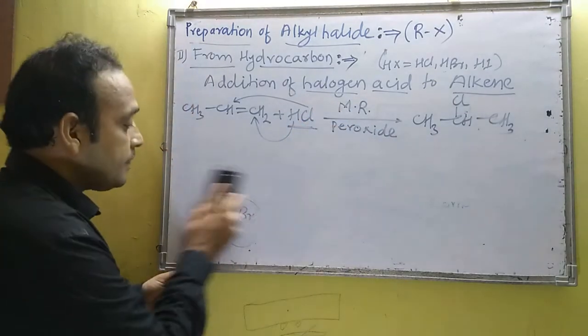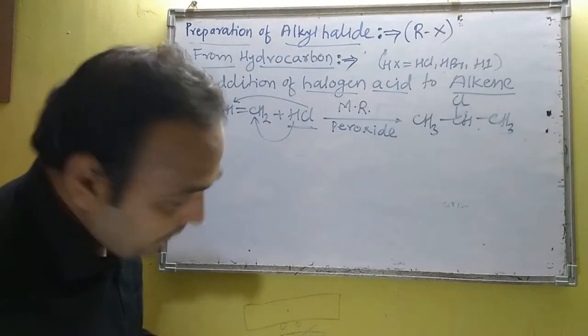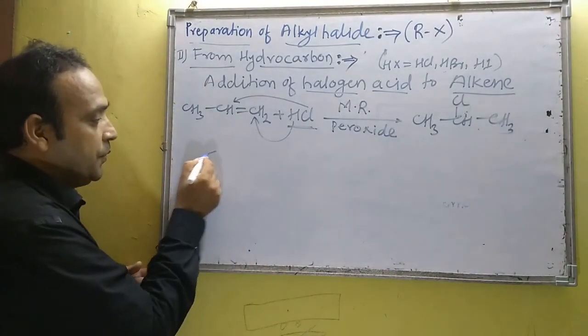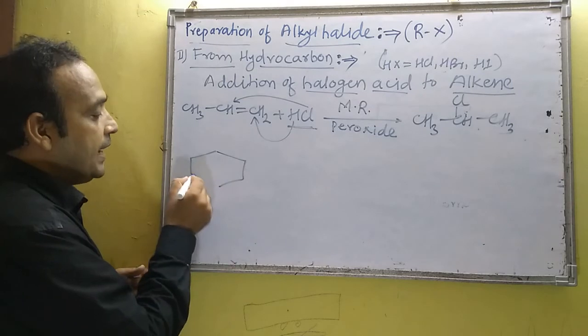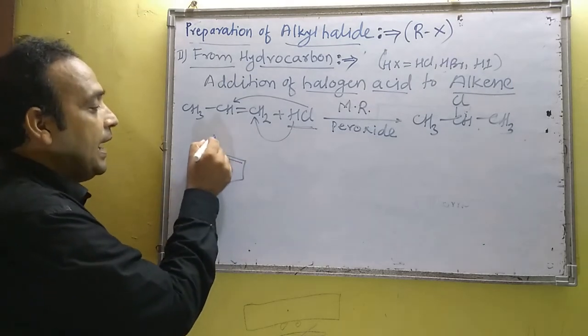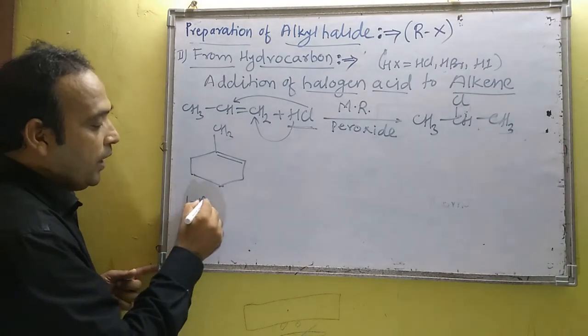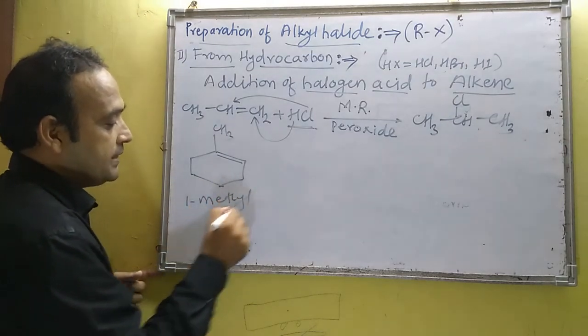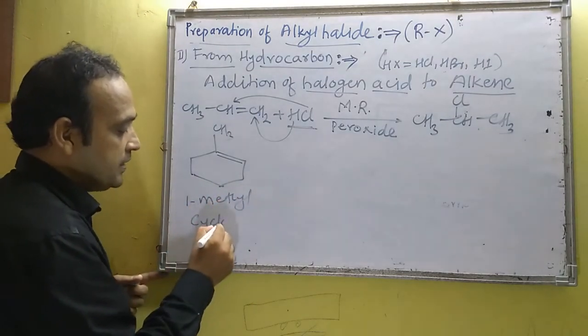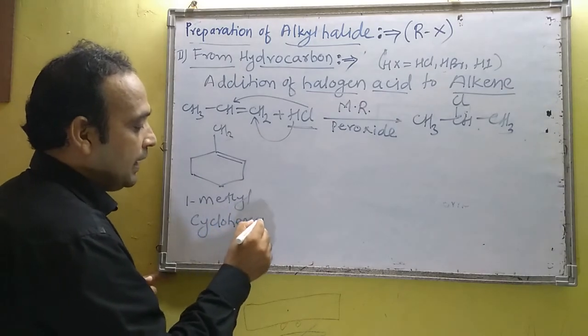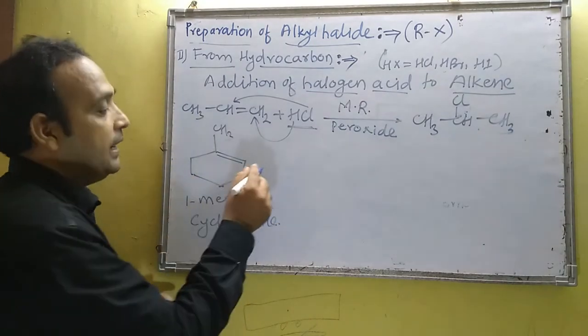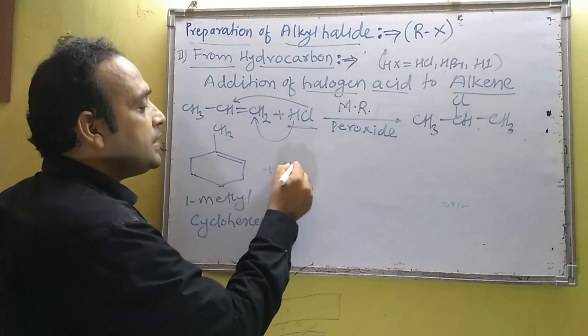Now next example, suppose this reaction is given to you. Cyclohexene with CH3 attached there. So it is called 1-methyl cyclohexene. Yes, the name of this reactant is 1-methyl cyclohexene. It reacts with, suppose, HBr.